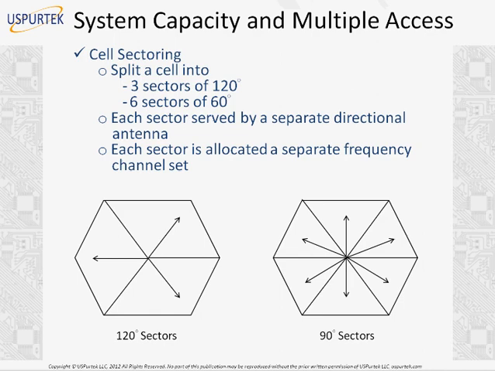Now this provides you a lot of improvement over the co-channel interference. Why? Let's consider if you had an omnidirectional antenna where you had no cell sectoring. That means the co-channel interference will enter from six sides around the antenna. We are representing a cell with the shape of a hexagon. If you model it like that, then the interference can enter from all 6 sides, all around.